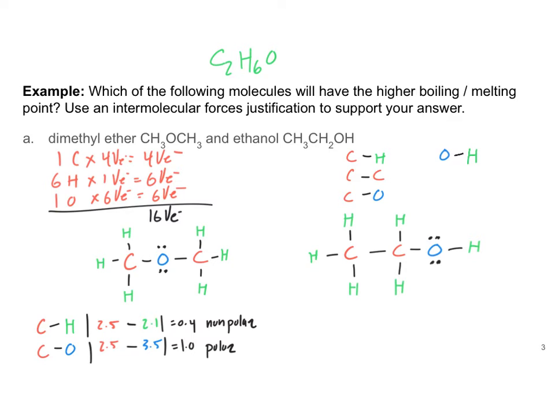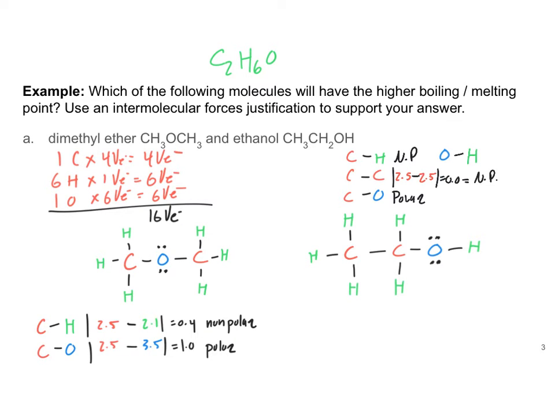So we already know from before that the carbon-hydrogen bond is going to be nonpolar. So here we have nonpolar. Carbon-oxygen is going to be polar. We've already determined that. And carbon minus carbon is 2.5 minus 2.5, which would be 0.0, so that's also nonpolar.